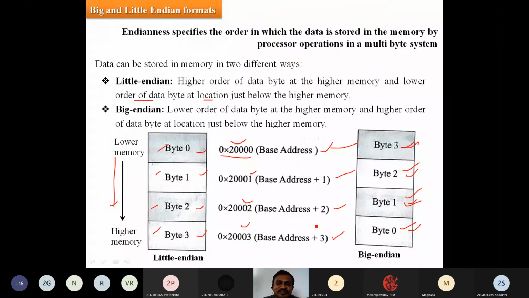Don't go for the image, what it is displayed on the screen. In the image, the base address is on the top, nothing but the lower memory location. So don't tell that from top to bottom. You should not give the answer with respect to image. With respect to memory locations, you need to give the answer from lower to higher or higher to lower.